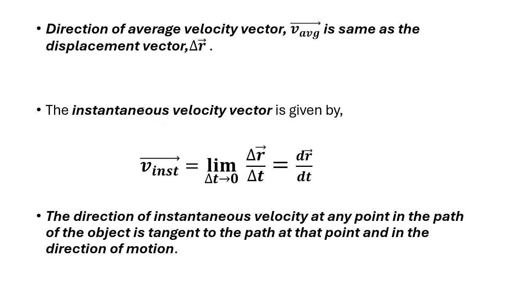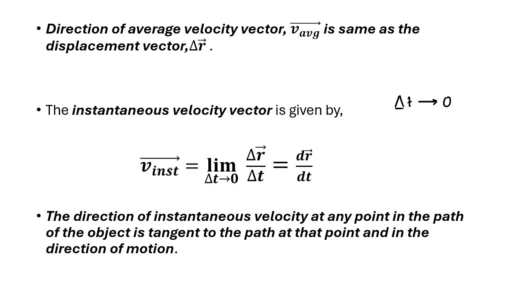Next we have the instantaneous velocity. Instantaneous velocity comes into play when we reduce the time interval delta t such that it approaches 0. We shrink the time interval. We have discussed in detail in one-dimensional motion the difference between average value and instantaneous value, so you can watch the previous videos related to one-dimensional motion for that.